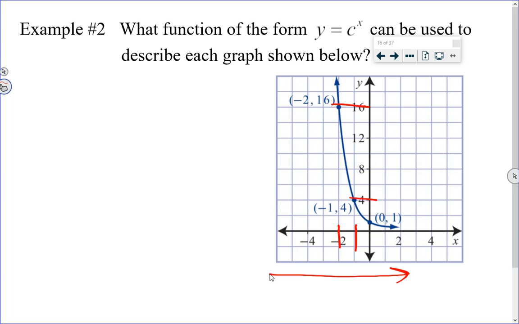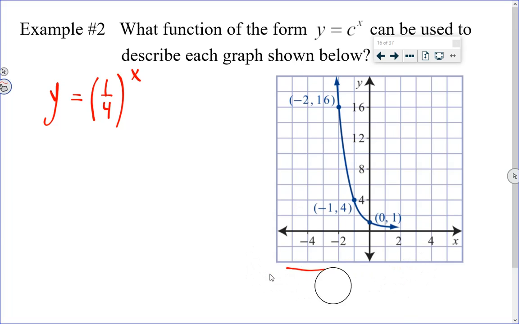And all that means is this is the function. It's that simple. Okay? So be very careful when you talk about whether that number is 4 or 1/4. 4 would end up looking something like this. Any comments or questions about this example number 2?